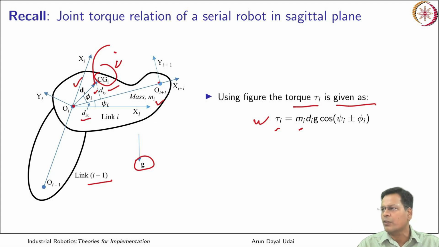These two projections are not going to change because center of gravity location is not going to change if it is referred with respect to OI frame, okay, with axis xi plus 1, yi plus 1 all defined, okay. So if it is referred with this frame, it is fixed, okay. So dix and diy are not going to change.